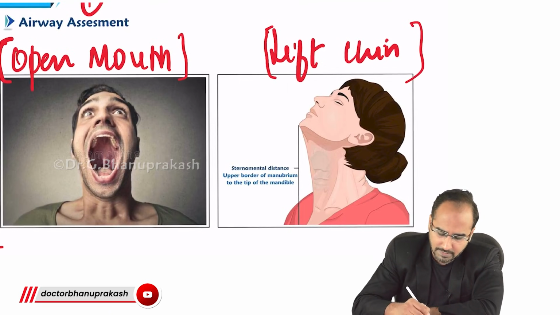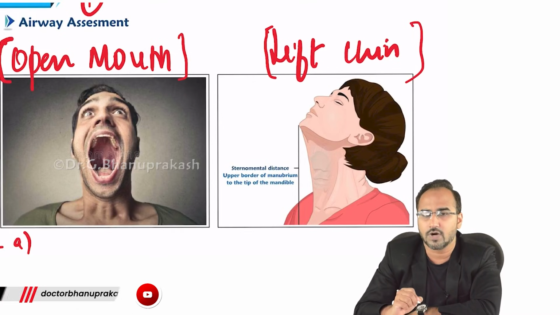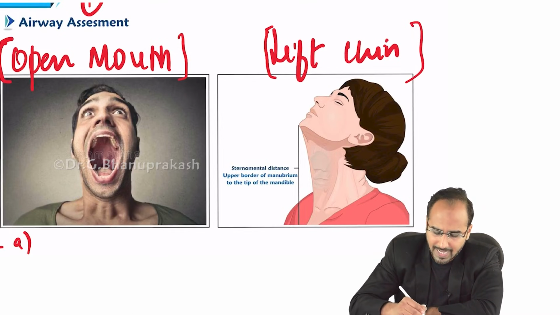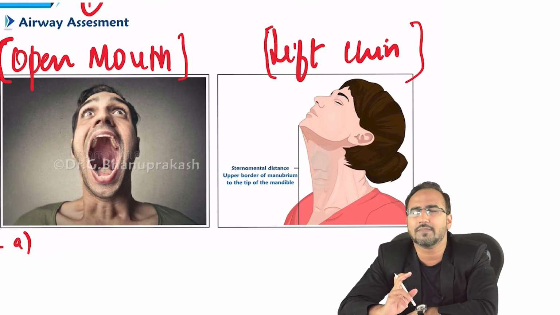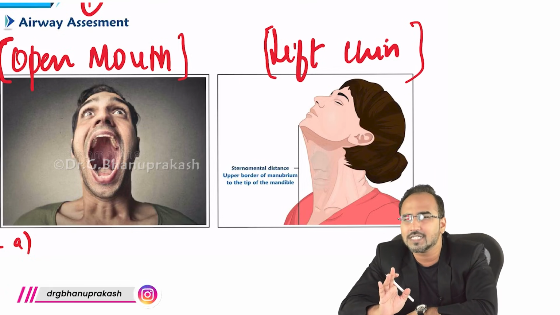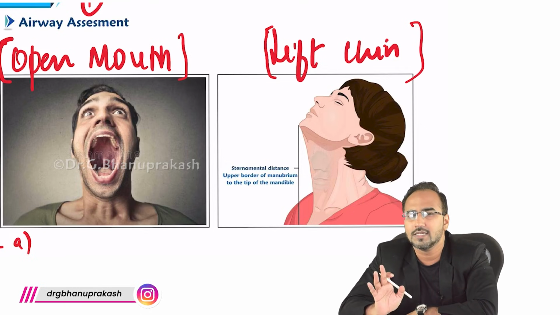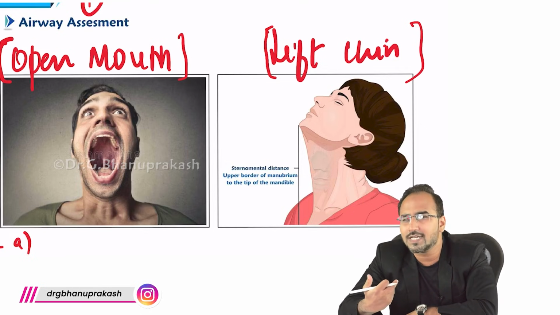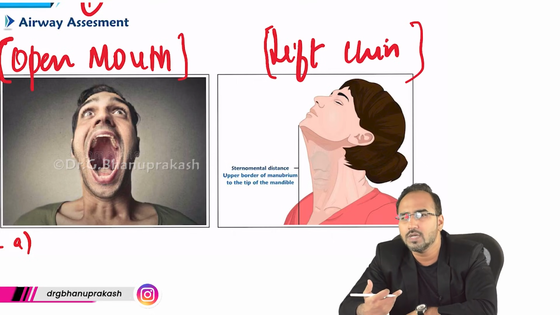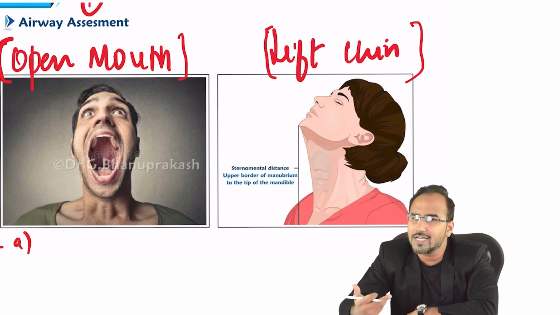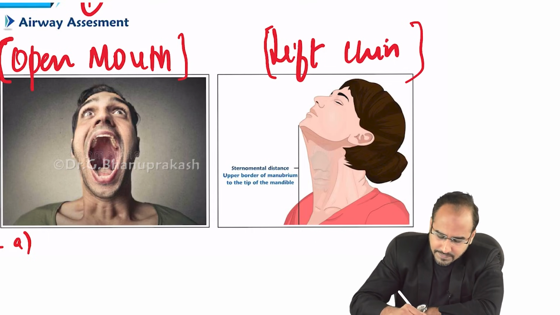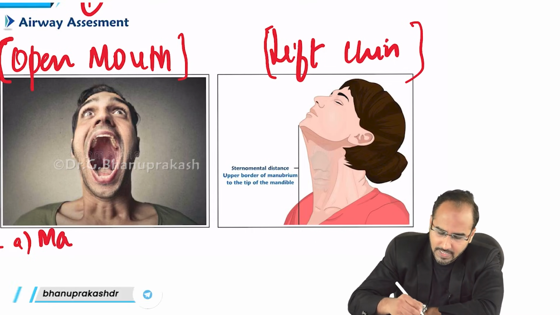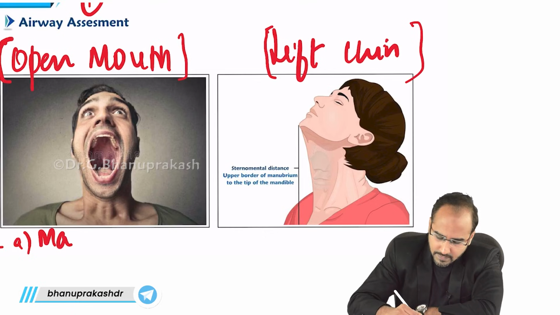As the patient is opening mouth, I need to look for 2 more parameters. What 2 parameters? First parameter is basically the structures which you can easily identify as the patient opens mouth, given in a classification which is called Mallampati classification.